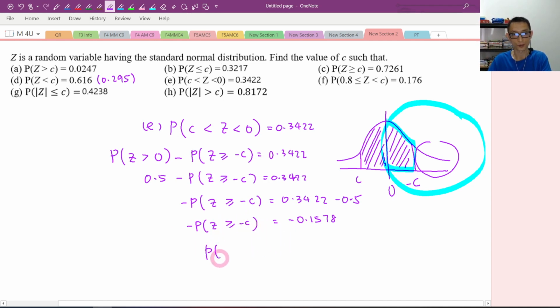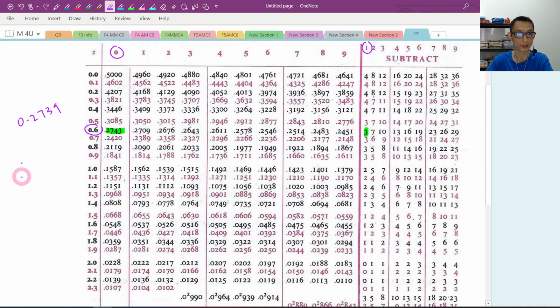Okay, so we just multiply by -1 on both sides, then it will become positive. Then now we can start to find the answer using the table. 0.1578.